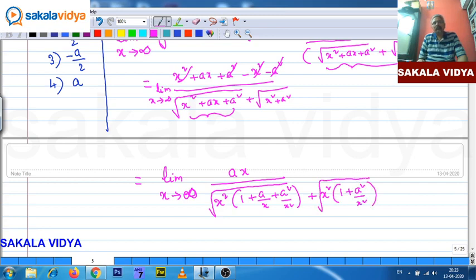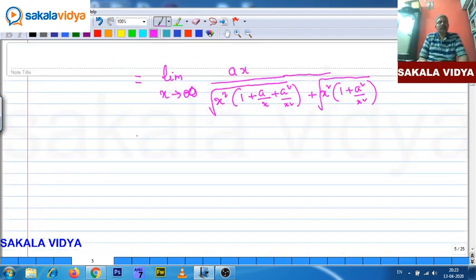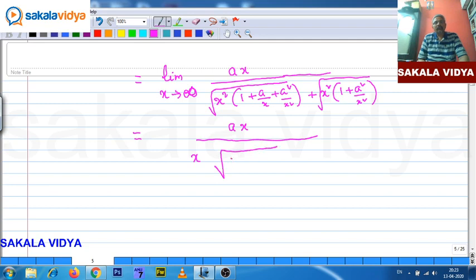Okay. So the next step, this equals ax upon, square root of x square is x, root of 1 plus a by x plus a square by x square, here also square root of x square is x taken common out, plus root of 1 plus a square by x square.